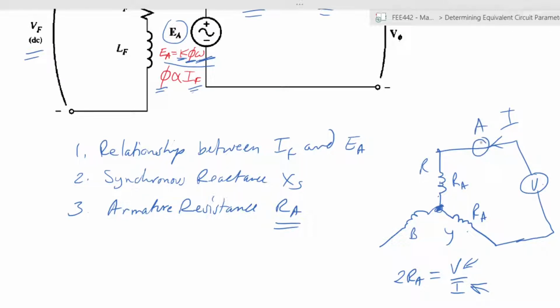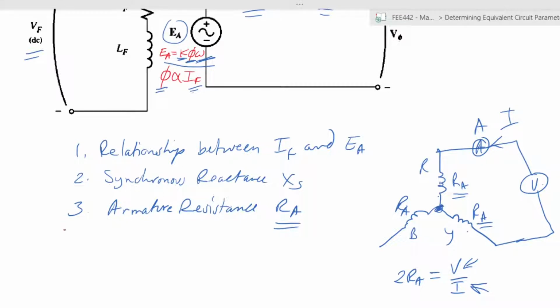That would give you the values of the windings. Usually, because machines are designed to be balanced, it is safe to assume that RA will be the same for all three sets of windings. So any two of them would give you a good average armature resistance. That is pretty straightforward.